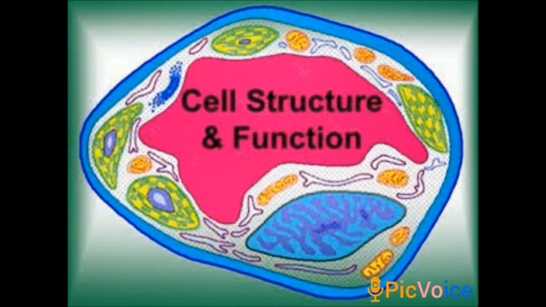In this topic: cell membrane, cytoplasm and nucleus. And the last topic in this lesson is comparison of plant and animal cell. So these are the topics we are going to learn in this chapter.